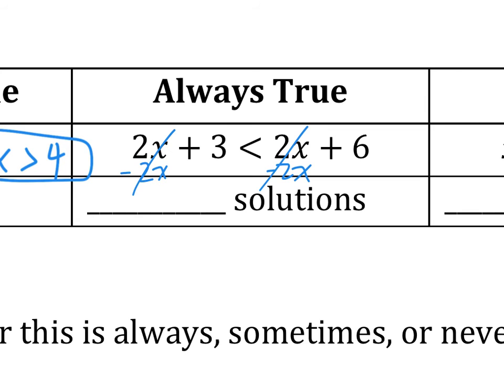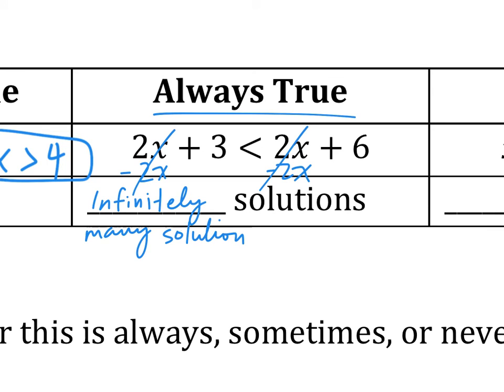And then you ask yourself, is that true? Yes, it is true. So that means this is always true. And that also always means there's infinitely many solutions. And that is because it is not dependent on x. X cancels out of this equation entirely.